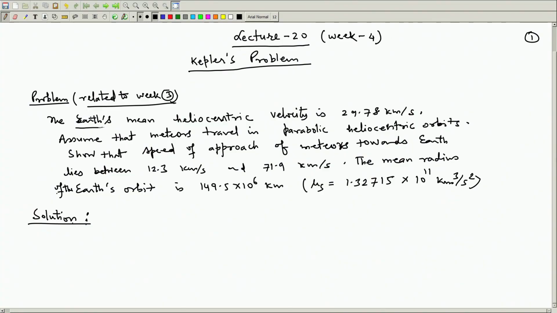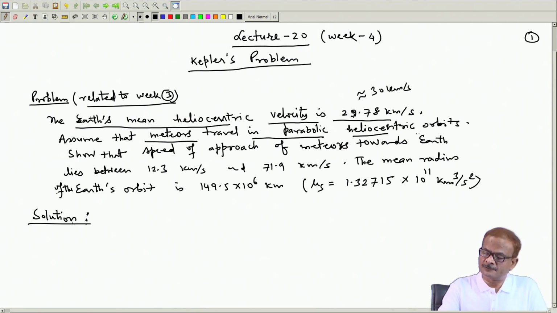Here, Earth's mean heliocentric velocity is given, around 29.78, or around 30 kilometers per second. So, Earth is moving around the sun at around 30 kilometers per second. Assume that meteors travel in parabolic heliocentric orbits.